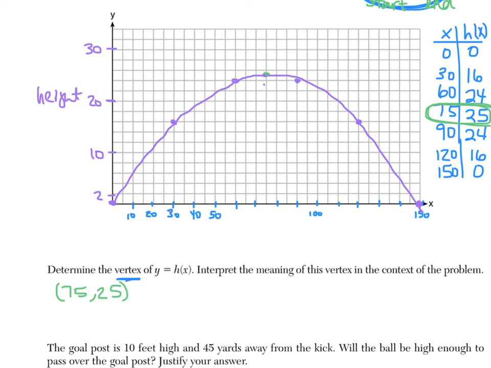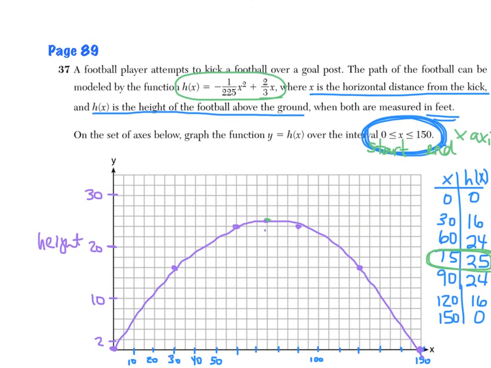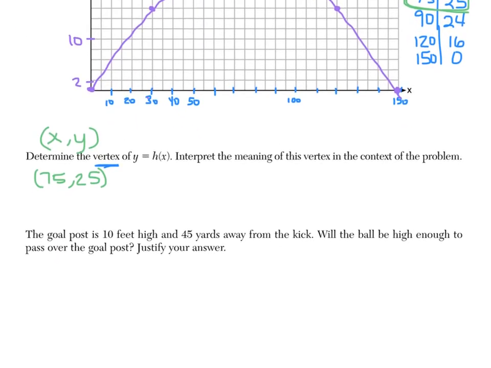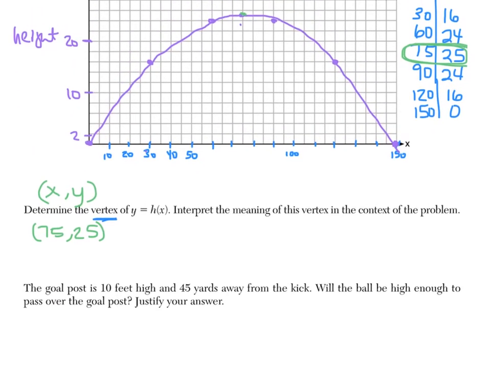In order to interpret the meaning, I have to clearly know what my x and my y stand for in this problem. If I go back to the beginning, I underlined what x and y stand for. Here I said x is the horizontal distance from the kick, and h of x is the height of the football above the ground. So I'm going to explain the meaning using those words.